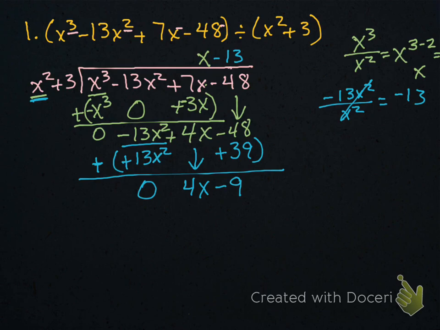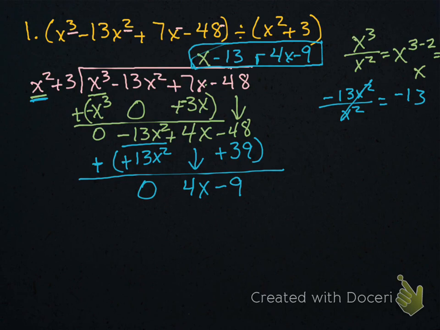So this is remainder 4x minus 9. There's my answer.